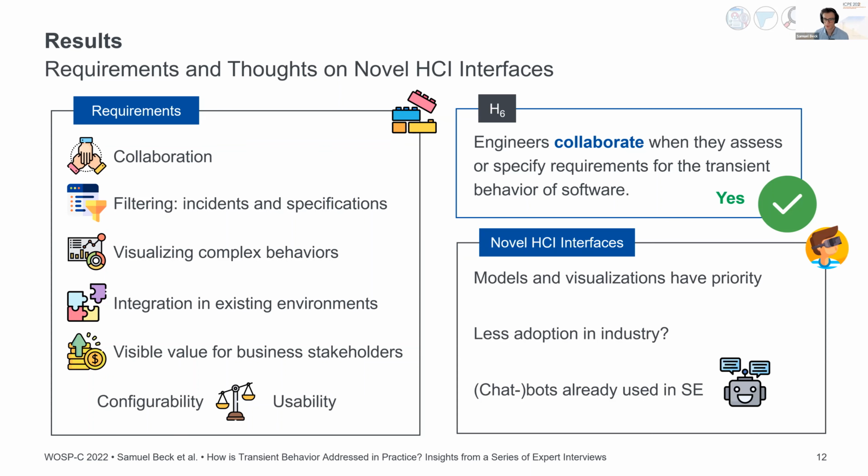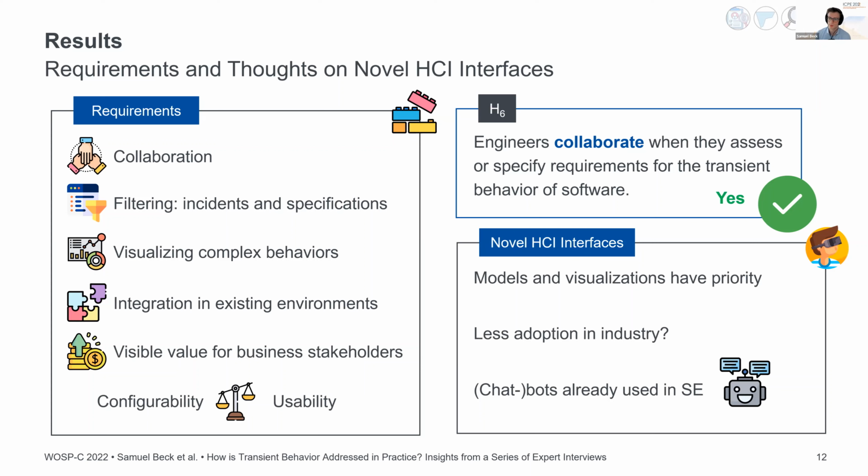When we asked them what they think about novel HCI interfaces and a solution that incorporates those, they mostly responded that they believe that usable and understandable models and visualizations for transient behavior are still missing at the moment.